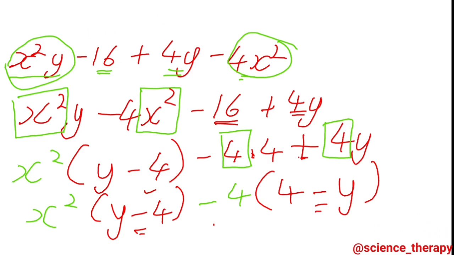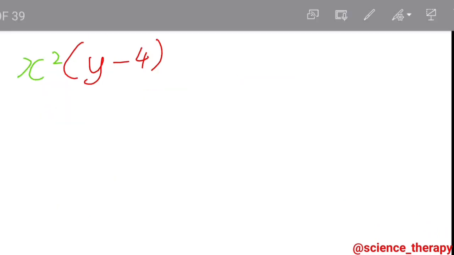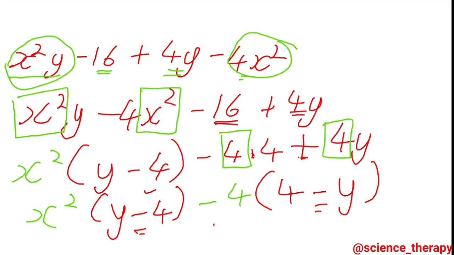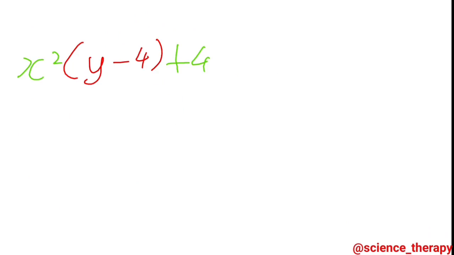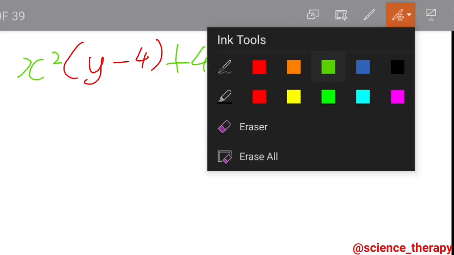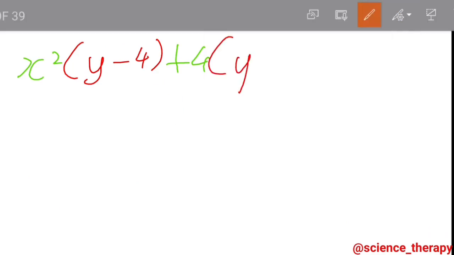Now we are making it positive. So plus 4. When you change the sign, it also changes the content inside the bracket. So now the negative y becomes positive y. And the positive 4 now becomes negative 4.